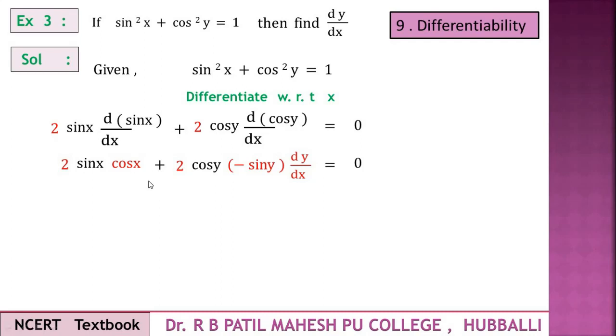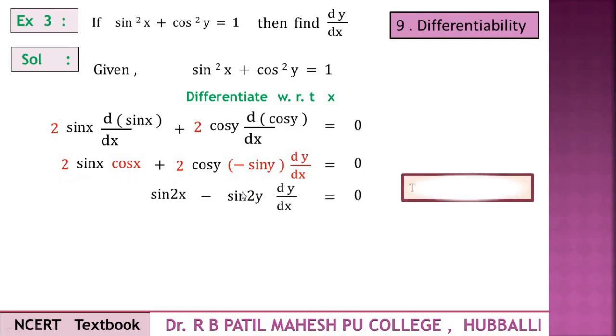Now this product is standard, so write sin 2x, and if you take negative common, it also becomes 2 cos y into sin y, so minus outside, and this product becomes sin 2y, and dy by dx is equal to 0. So easily here you can find dy by dx.